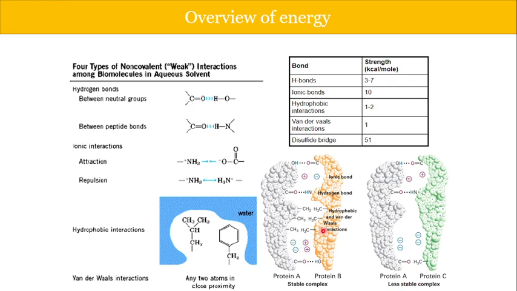Whereas if we have a series of interactions, say ionic bond interactions, then hydrogen bonds, then hydrophobic and van der Waals interactions, as many interactions occur between the two proteins, it also increases the strength of the structure, and the two moieties become much more stable and a stable complex is formed.